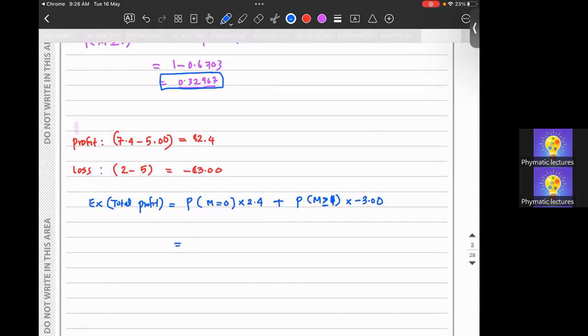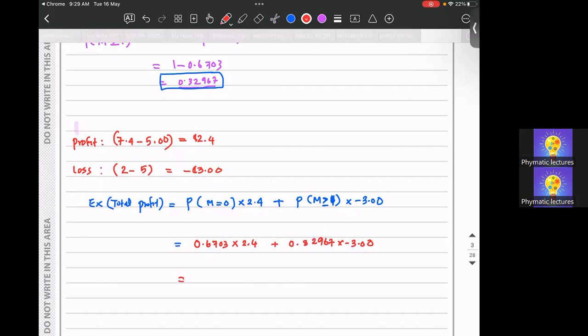So that is 0.6703 multiplied by 2.4 plus 0.32967 into minus 3 pounds.